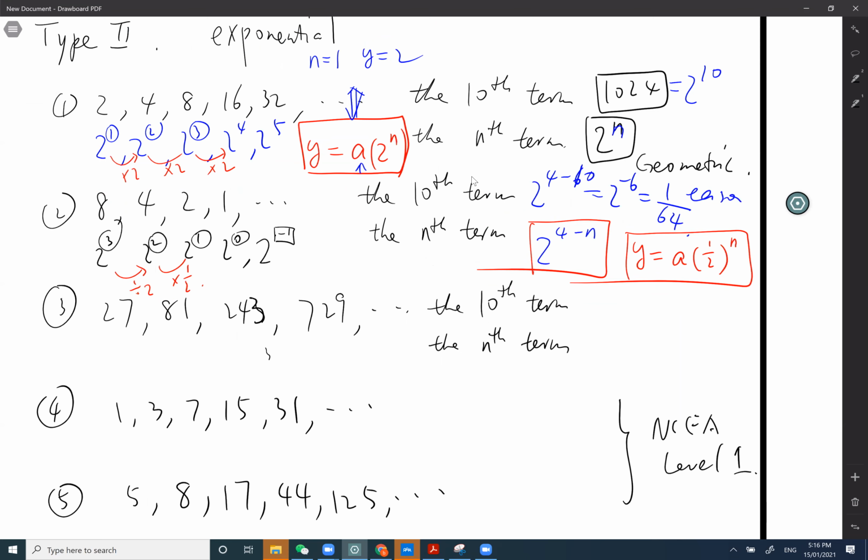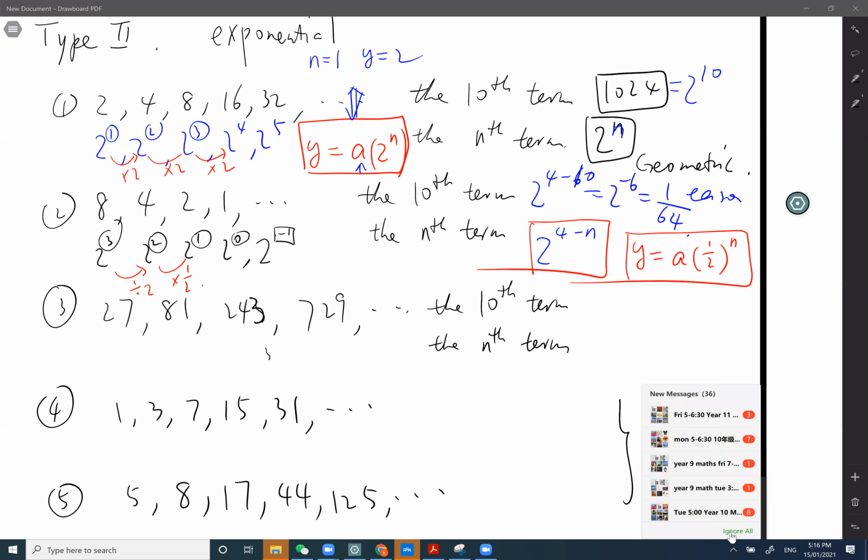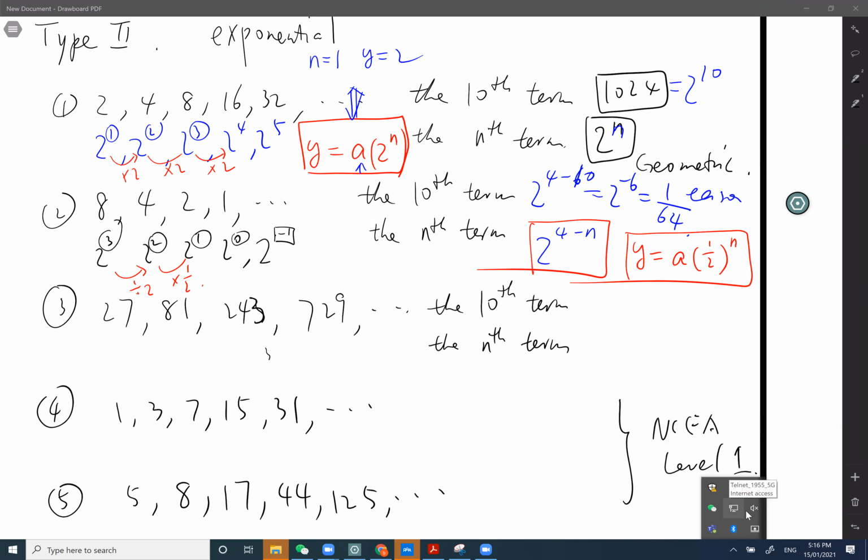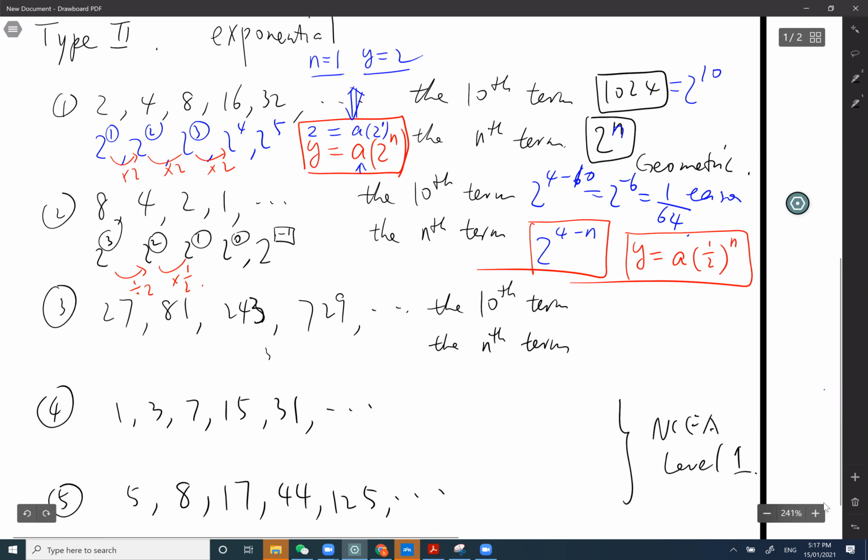So 2 equals a times 2 to the power 1. That's why a is just 1.